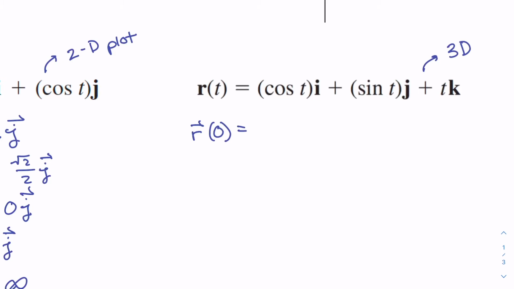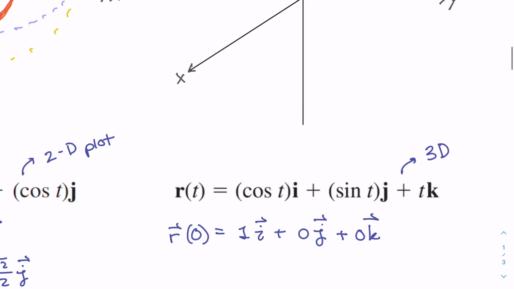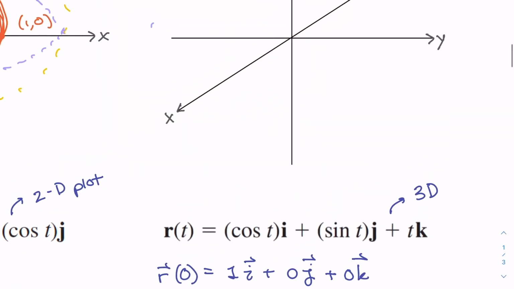1i plus 0j plus 0k. So it's just 1i. So we go 1 unit in the x direction. Let me make that bigger. Okay, so that's 1.